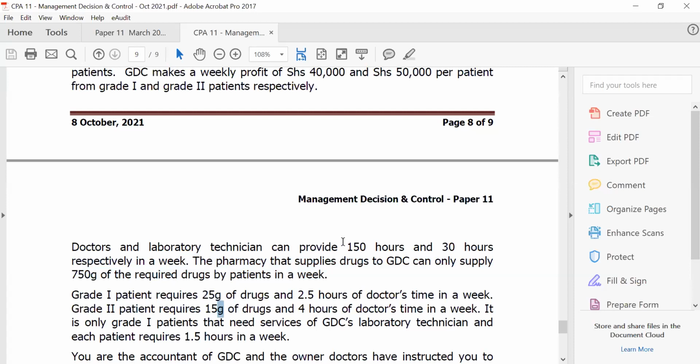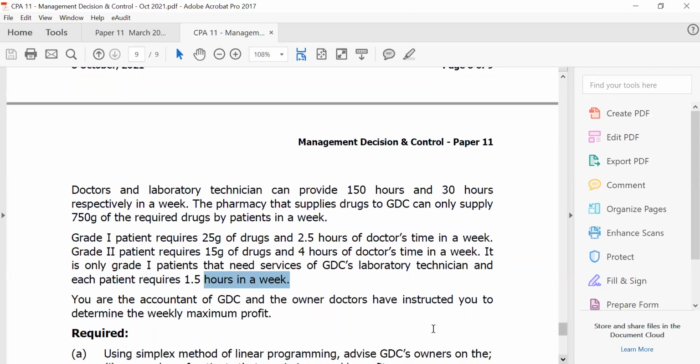Remember, we have 150 hours for the doctor and lab technician, we have 30 hours, and already they are telling us here how much grade 1 and grade 2 requires of the doctor's time. It is only grade 1 patients that need services of a GDC laboratory technician, and each patient requires 1.5 hours in a week.